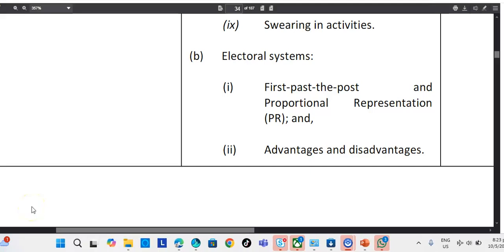Proportional representational system, students, is a system that is used in Guyana. Guyana differs from most Caribbean countries in that their constitution allows the use of proportional representation instead of the first past the post system in forming their government. Proportional representation is the representation of all parties in the legislature in proportion to their popular vote.